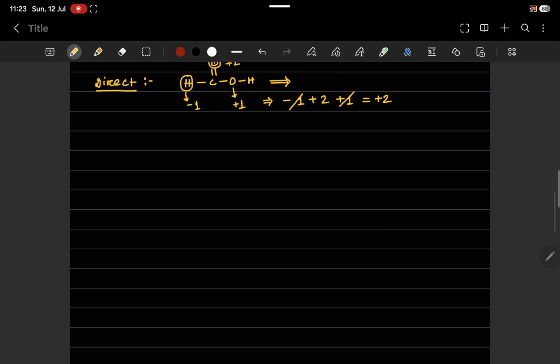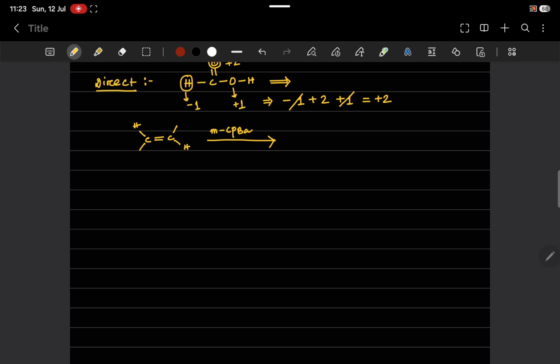Okay, now we will encounter another problem. Let's say we have this particular system, hydrogen and hydrogen, and let's say we are doing MCPBA, CH2. We will talk about this particular reagent in later stages.